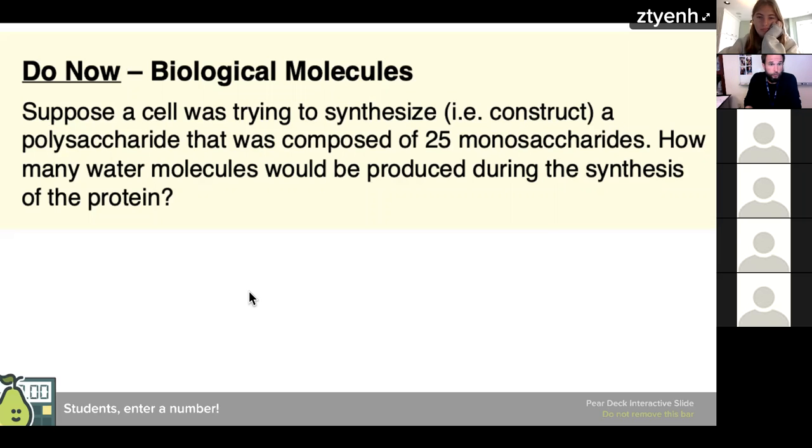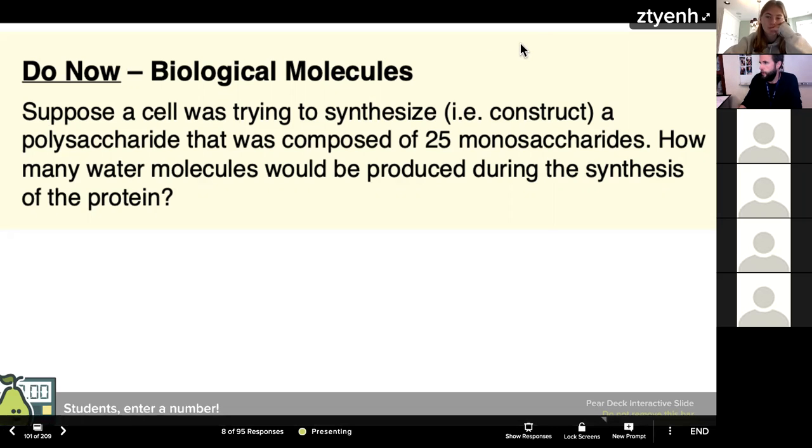But that's what are monosaccharides? Monosaccharides would be the monomers that are going to be used to build the polysaccharide, which is the polymer in this case. Sorry, the protein part, that should be polysaccharide. That's my mistake.